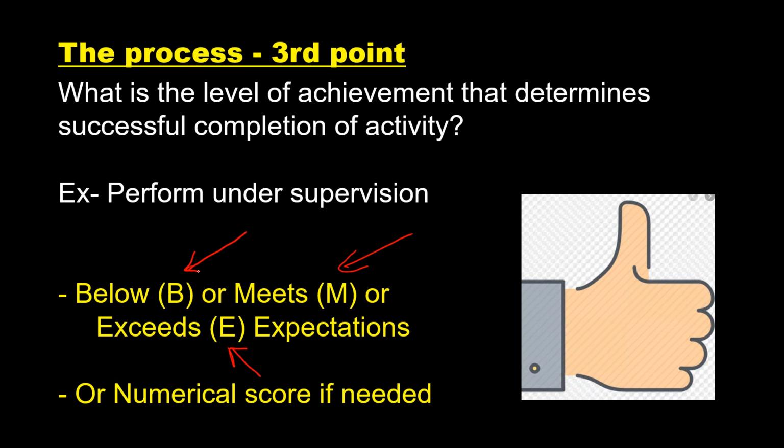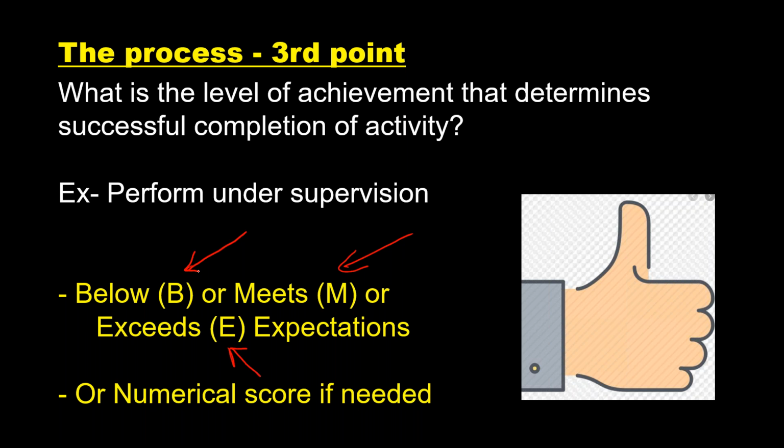So in this column, or in this point, we will check whether the student has achieved that activity or competency or not. And as per achievement or our judgment, we can decide it is B or M or E. B is below expectation, M is meeting expectation, and E is exceeding expectation.